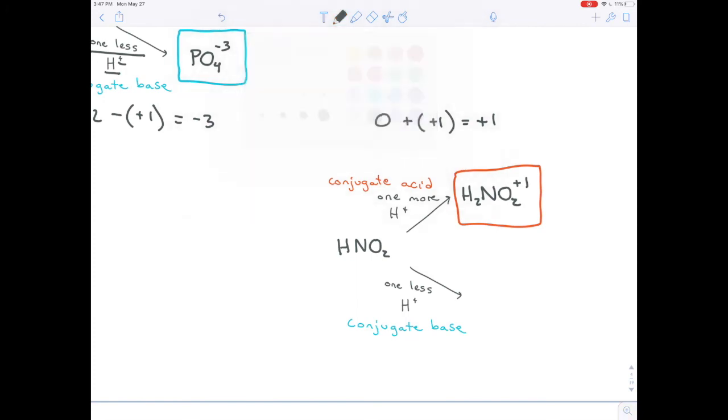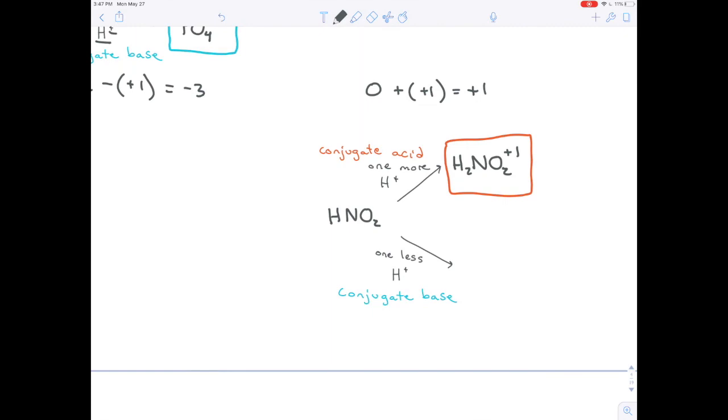Let's see if we can draw the conjugate base. To get the conjugate base, we subtract an H and subtract +1 from the charge. HNO2 only has one H, because nothing is written at the bottom right of that H, so it's an implied 1. If we take one H away, well, it only had one to begin with, so no H's will be left. You only have NO2. So much for the H. How about for the plus charge?